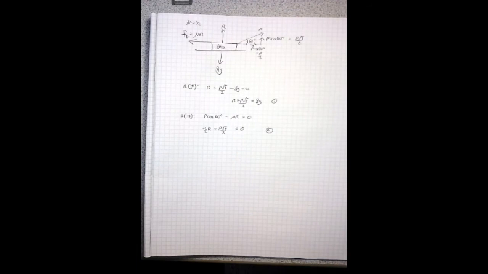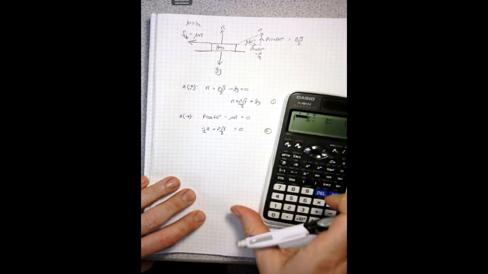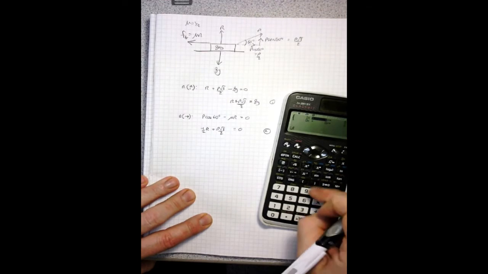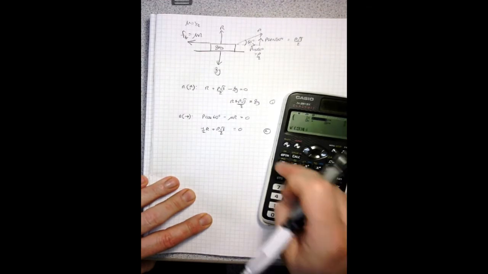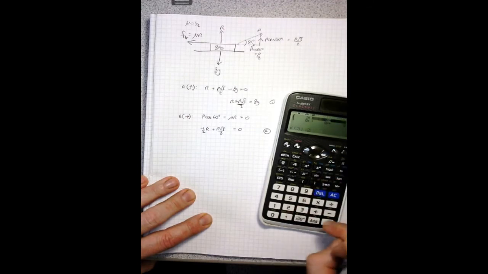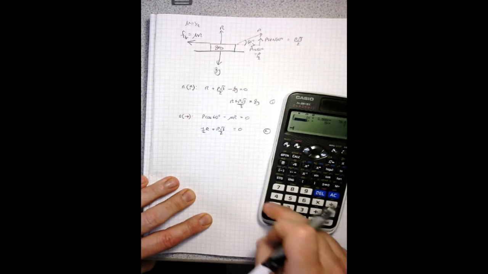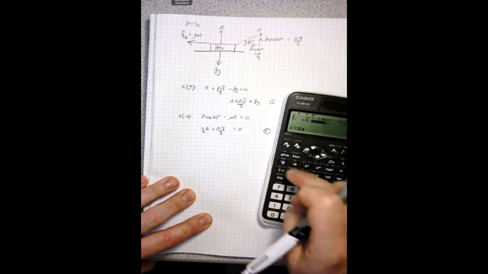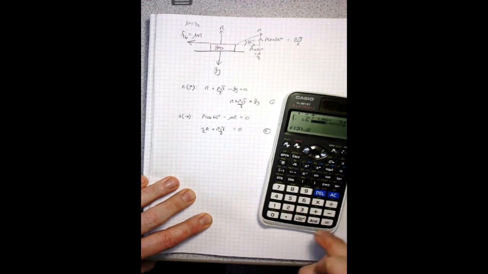Simultaneous equations on my calculator. Put that in. So I'm going to go 1, root 3 over 2, and 8 times 9.8, minus a half, root 3 over 2, and 0.